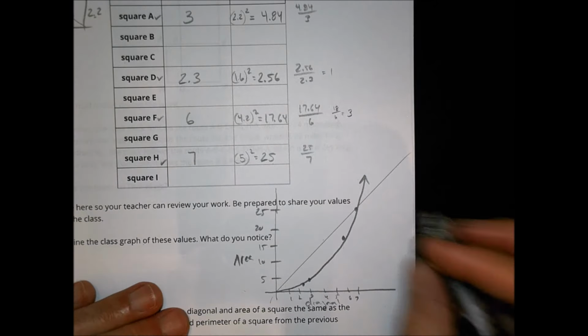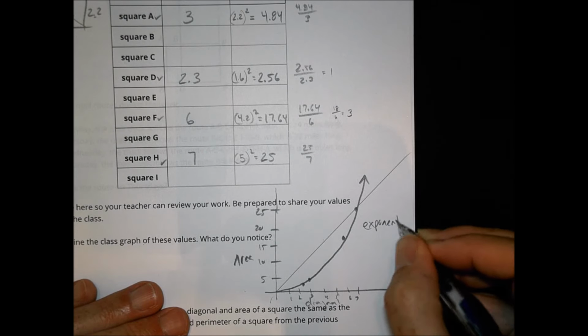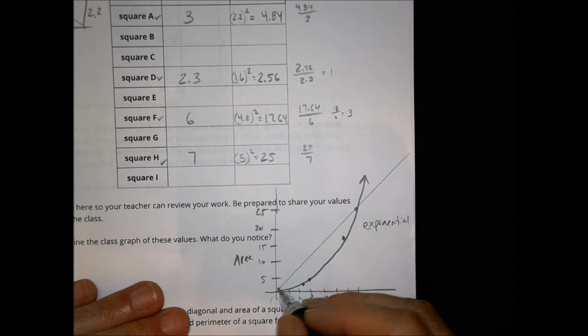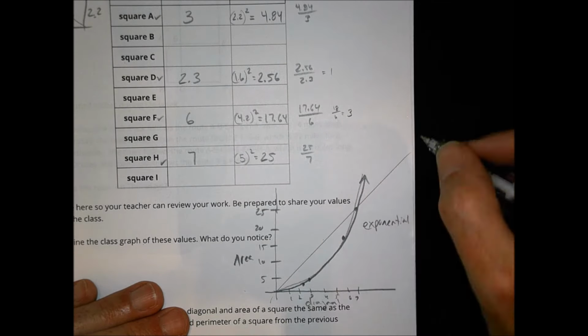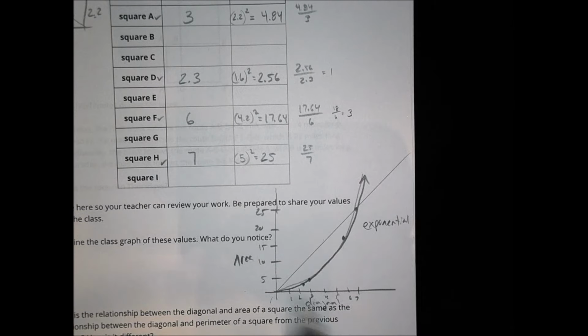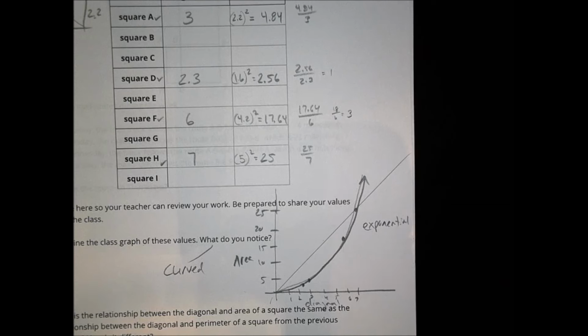Okay, later on you're going to see that we call this more of an exponential curve, or graph, because of the way it's growing up in this direction. It's not going to be linear in a straight line. It's curving that way. So it's curved is what you might have said in class. It's not straight. Because it's curved, we would also say that it's not going to be proportional.